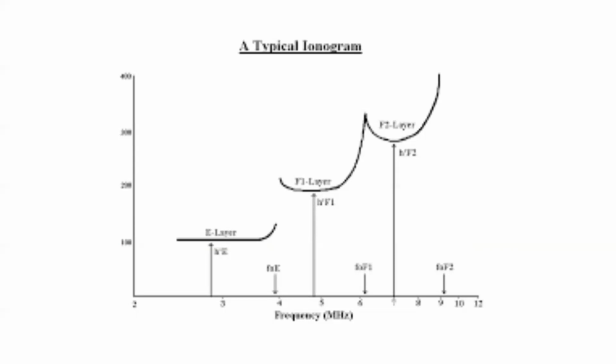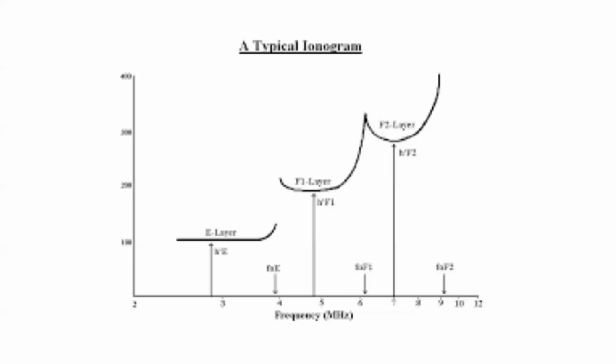Maybe there's 50 of them, I'm just guessing at that number. They're like HF radar, and they focus their signal straight up and look for a reflected signal. This diagram is an ionogram, a typical ionogram that shows the height of the E layer, the F1 layer, and the F2 layer.